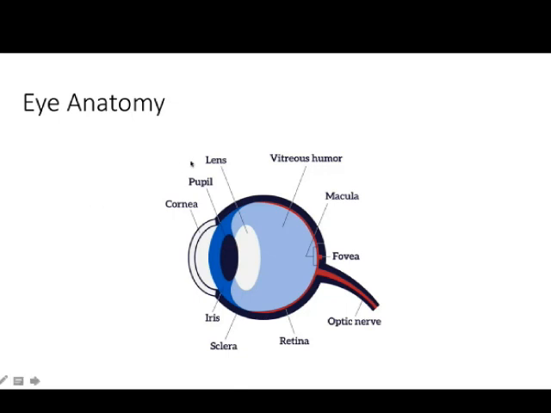Let's look at the lens. The lens is the area which basically becomes rigid or can be changed in shape because of the whole eyeball changing its shape. The whole eyeball can change its shape because of the muscles which are attached to it.